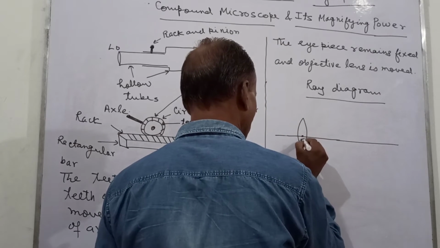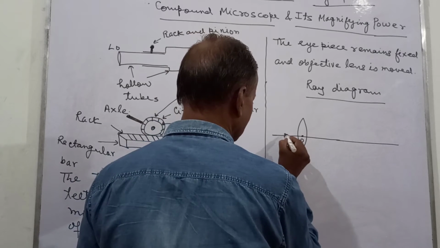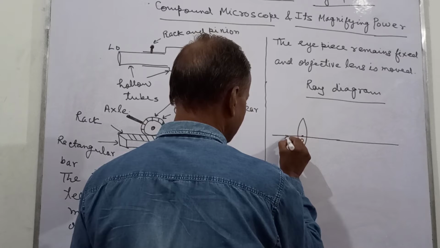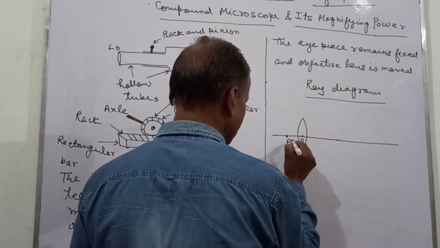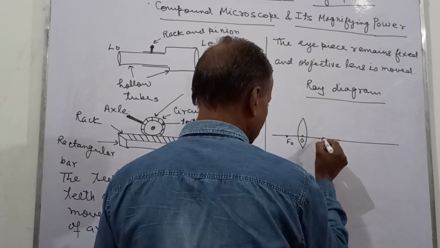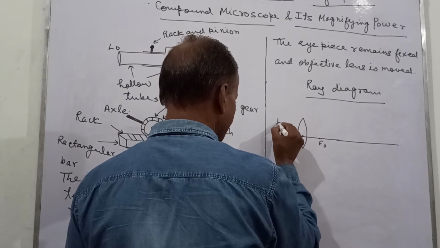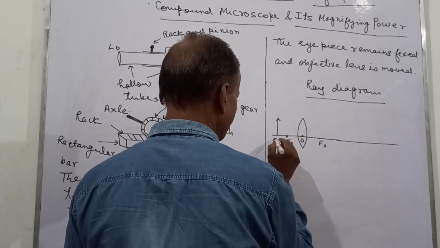This is now O. Now its focal length is, suppose, here. This is now focal length f0. This is focal length f0. This is the image. Object AB.